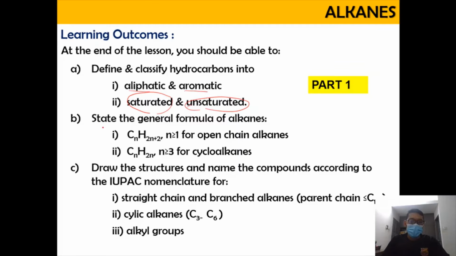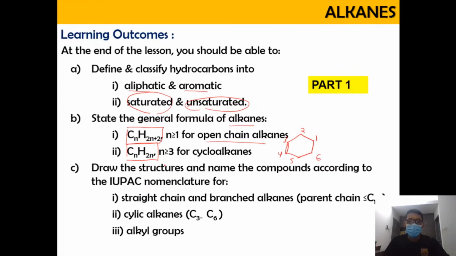Also, in this video, we're going to look into the general formula of alkanes as well, which is for an open chain alkane, which has a general formula of CnH2n+2. Meanwhile, for cycloalkane, you're going to have CnH2n. For example, if we have cyclohexane, cyclohexane has 1, 2, 3, 4, 5, 6 carbons.